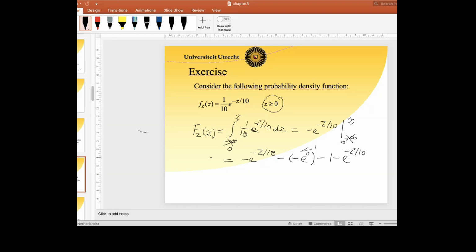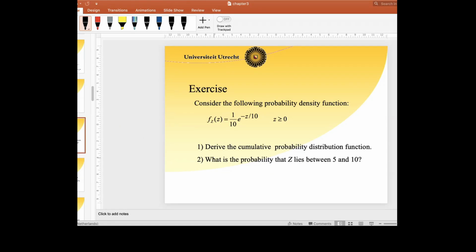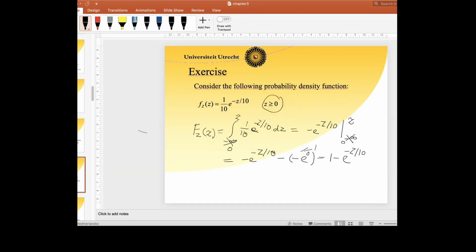Now, going to the previous slide, we saw what the probability is that z lies between 5 and 10. So let's do that.